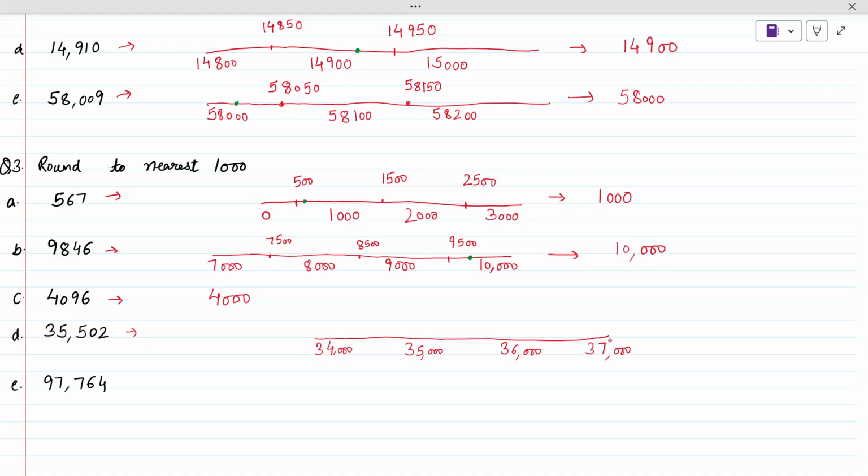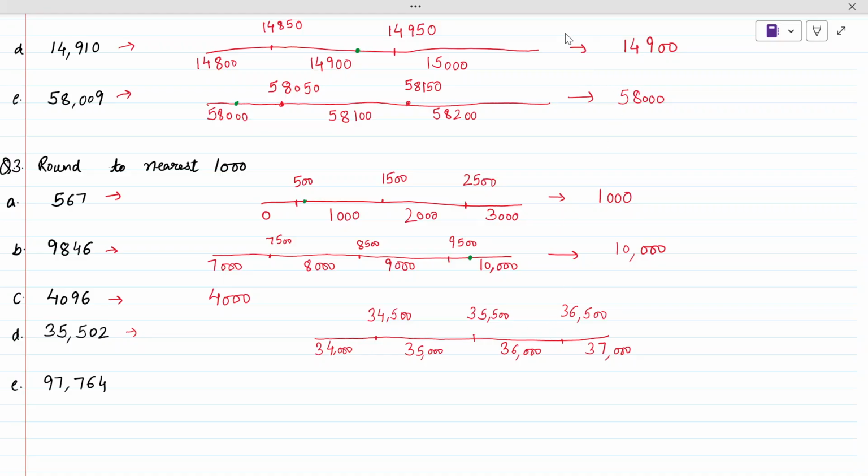So I have taken this number here and I am going to write the midpoints. 34,000 and 35,000, the midpoint will be what? It will be 34,500. Okay. And here it will be 35,500 and here it will be 36,500. ये तीनों हैं midpoints.